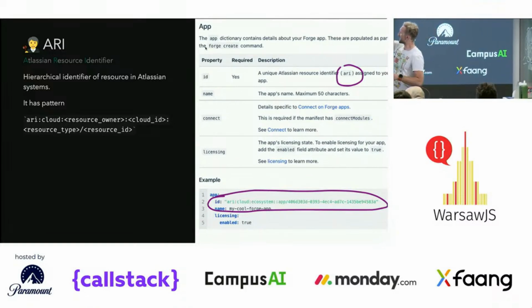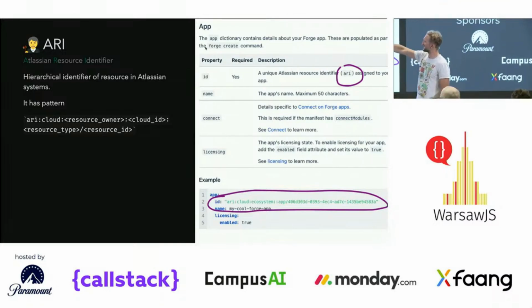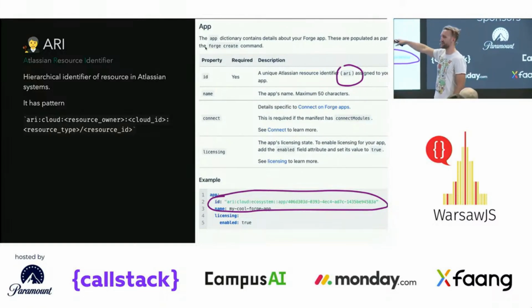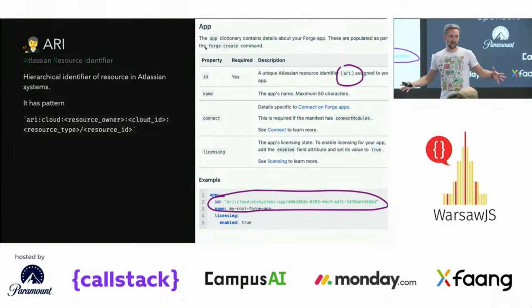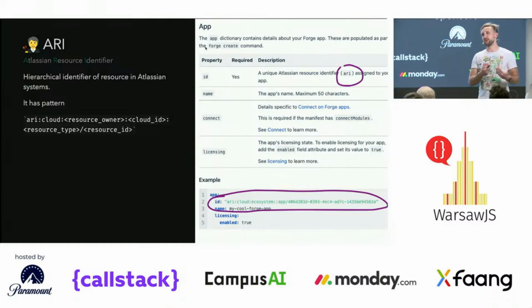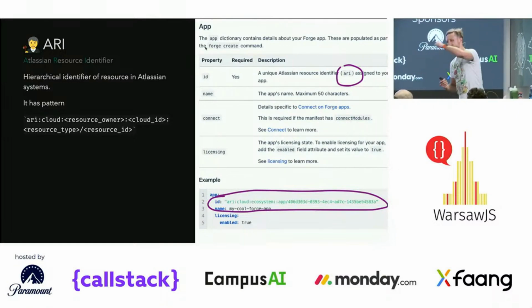And as you see, it has the ARI, then there is cloud or server, then there is a resource owner, cloud ID, resource type, yada, yada, yada. It's a hierarchy. And you can read any part of this hierarchy depending on the part of the system that you're currently working on. If you're only interested in who's the owner, you're just picking that owner part from the string. So there is a pattern.